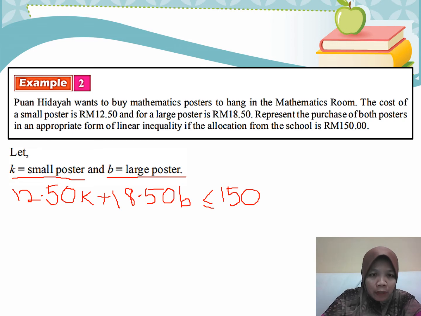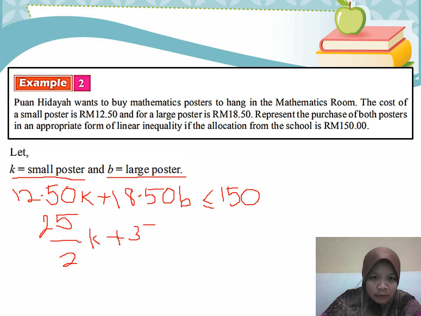So 12.5 we can change to a fraction first. We know that 12.5 is 25 over 2, plus 37 over 2, because 37 over 2 is 18.5, B. So 25 over 2 K plus 37 over 2 B less than or equal to 150.